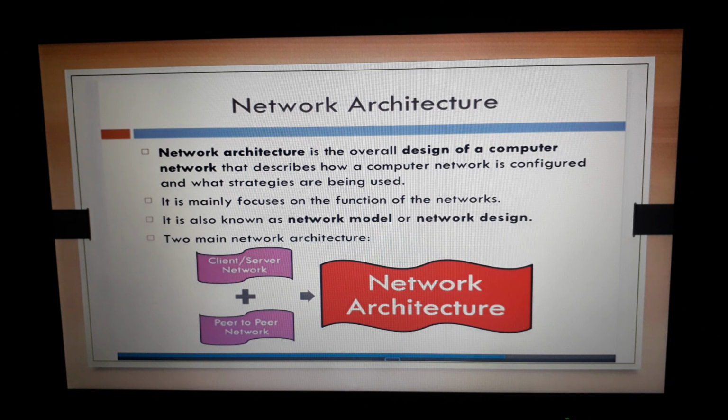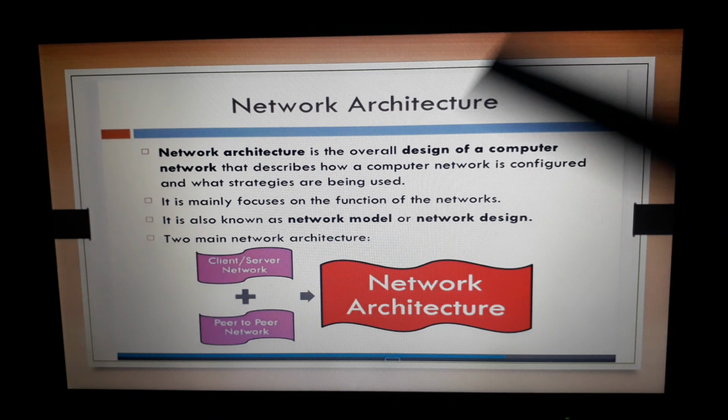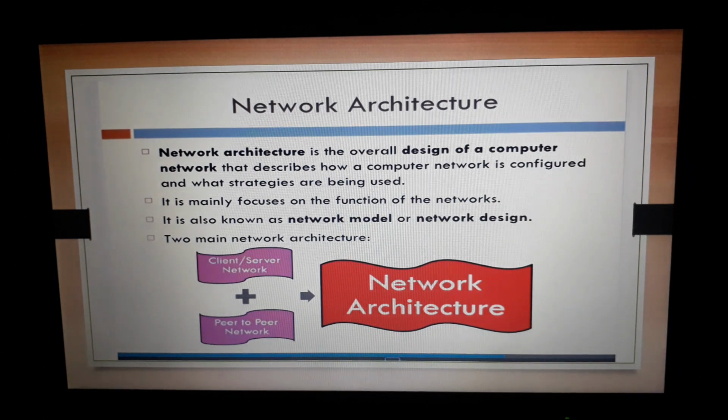Network architecture is the overall design of a computer network that describes how a computer network is configured and what strategies are being used. It mainly focuses on the function of the network. It is also known as network model or network design.